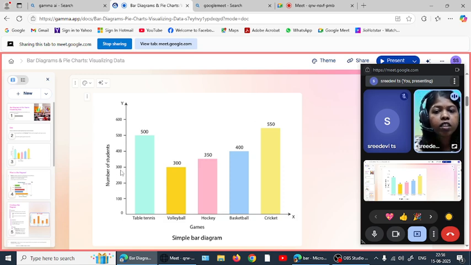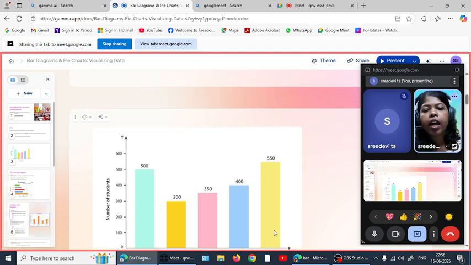What is the difference between those numbers? Yes, the difference is 100. Based on the survey we drew a graph here. Which game is mostly liked by the students? Yes, cricket. And which was the least liked game by the students? Yes, volleyball. That's it. You can interpret the things.